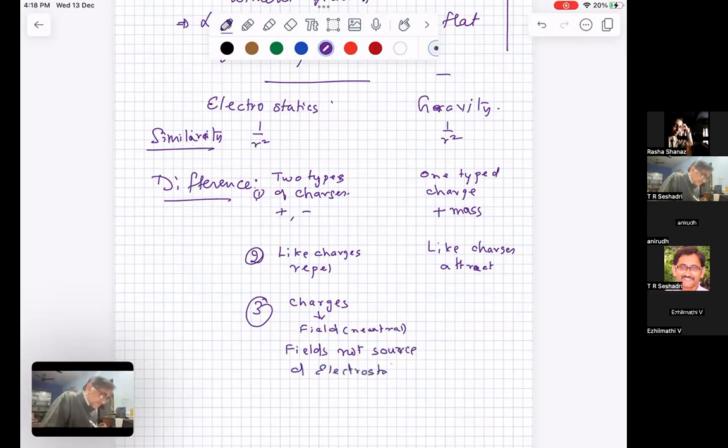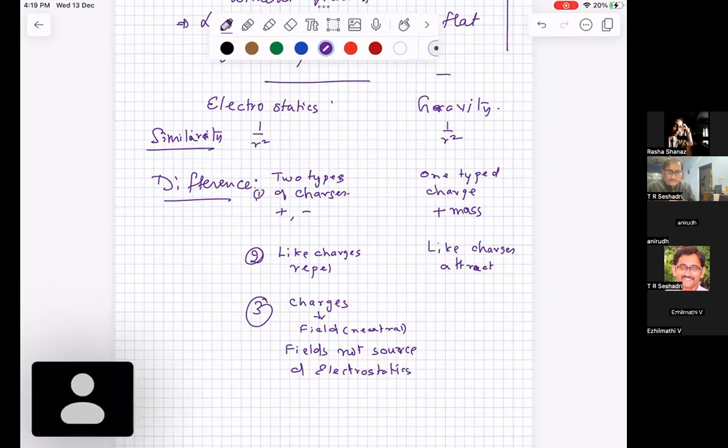This may appear a bit vague, but it will be clear once I mention the thing about gravity. Charges produce fields, but field is not positive or negative. So field is only an intermediary for conveying the interaction, but it itself is not a source of interaction. Is that clear?